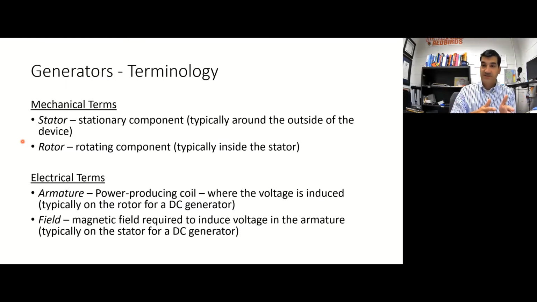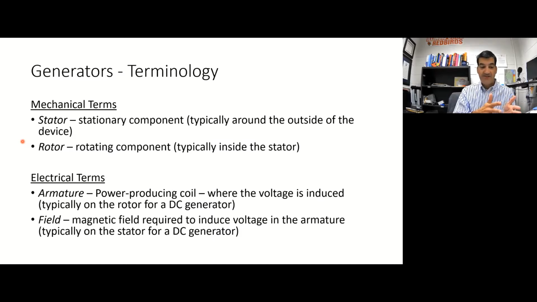Or another design, which is actually very, very common for real generators, is to have the armature on the stator, and then on the rotor you have your magnetic field, but you use an electromagnet on the rotor. Now you're using an electromagnet to provide the magnetic field, but then you have to provide electricity to get current to flow through that electromagnet on the rotor.